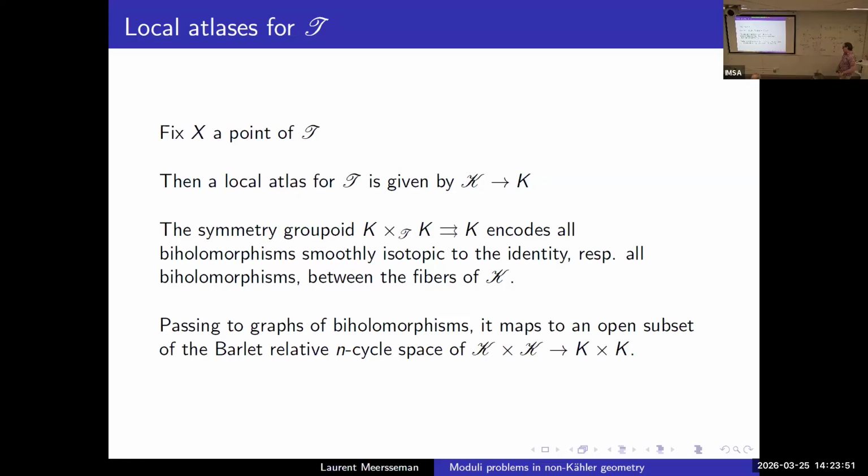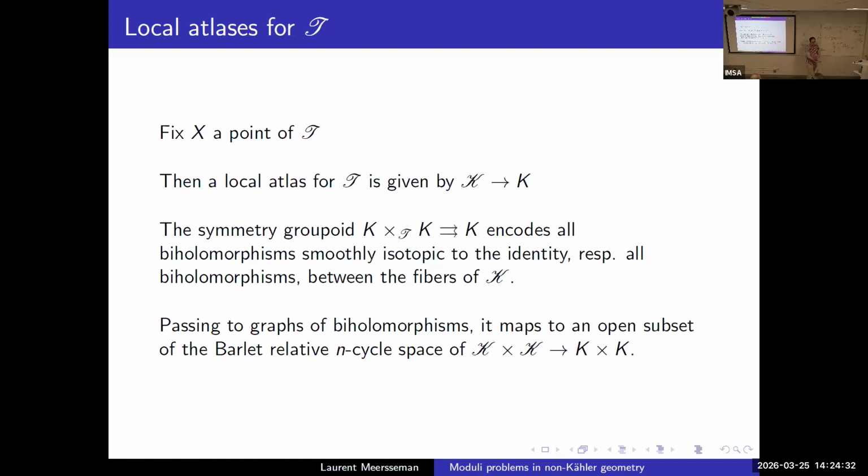Classically, when you do this type of stuff, another way of studying them is to replace the biomorphisms by the graphs. So you obtain cycles in a Barré relative cycle space of the product K cross K. Now, if you know all this classical theory by Douady and Barré and others about cycle spaces, you know that there is a big dichotomy between Kähler and non-Kähler spaces.